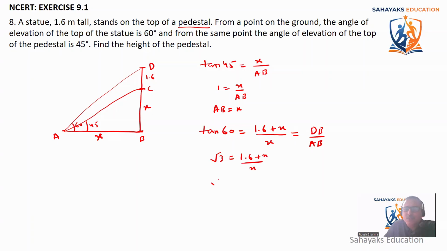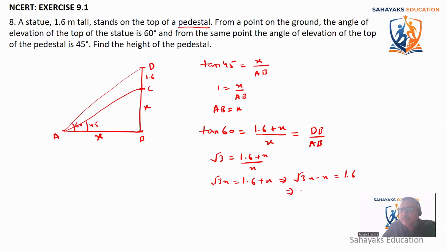Now it says root 3 X is equal to 1.6 plus X. Now, if I take X on the other side, this implies that root 3 X minus X is equal to 1.6. And what does it give?